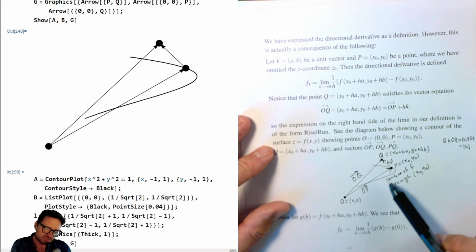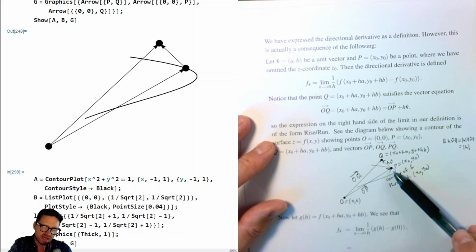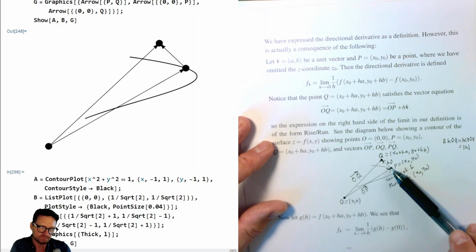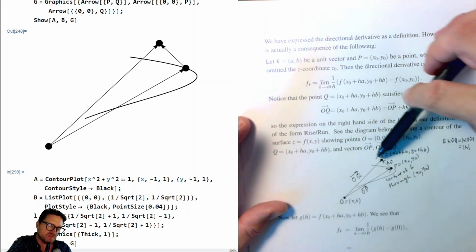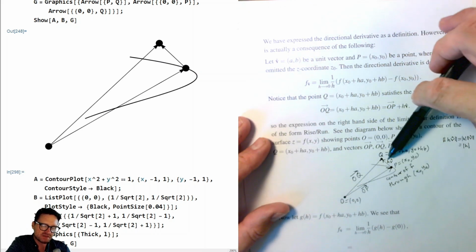This f again is a contour of a three-dimensional surface. So we step out in the direction of the vector v, a distance of h units, and that's our run in the calculation, the length of this.